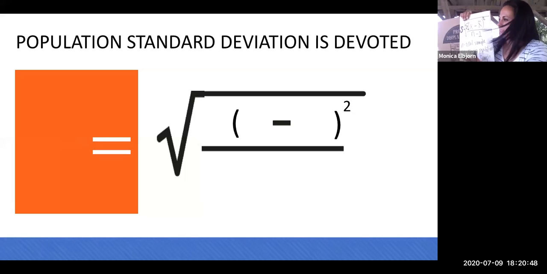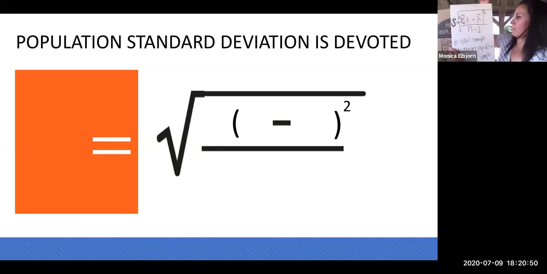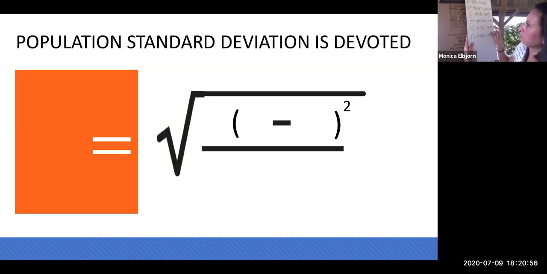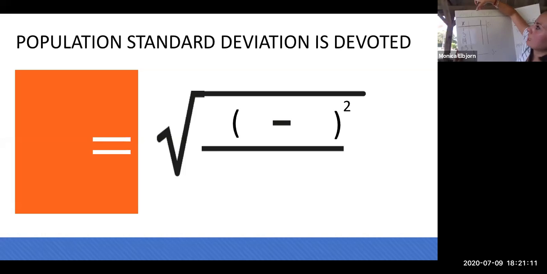And there's the same formula, but instead of a sample, we have the population. And the population is sigma. Sigma is the standard deviation. This is the sample standard deviation.